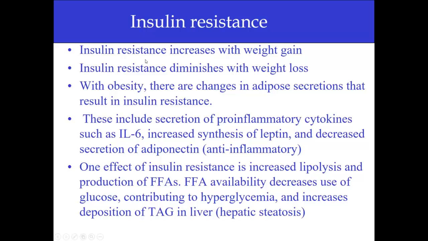So people who have insulin resistance, if they lose weight, will become less insulin resistant. Again, this is because of the changes in adipose secretion, such as the increased secretion of inflammatory cytokines, which lead to inflammation, and we believe that this inflammation will lead to insulin resistance.